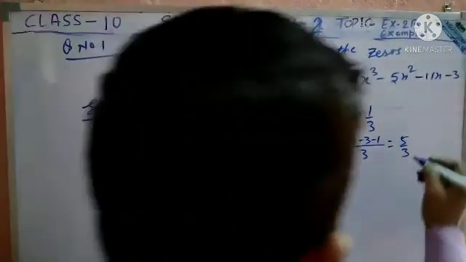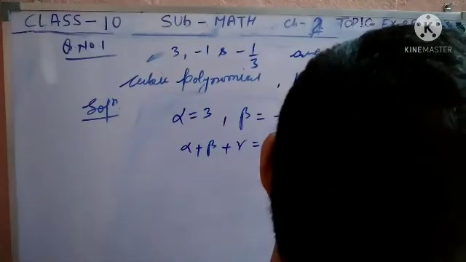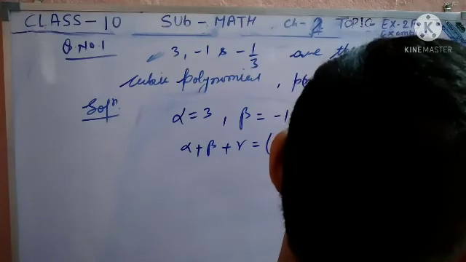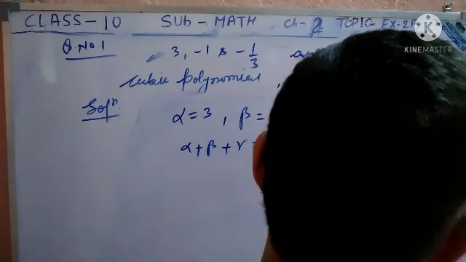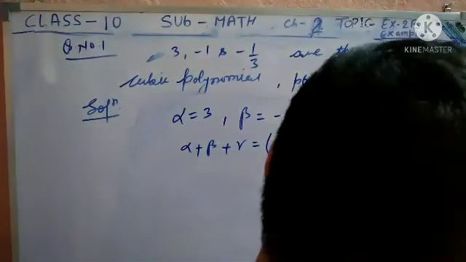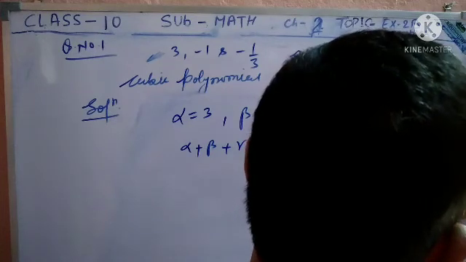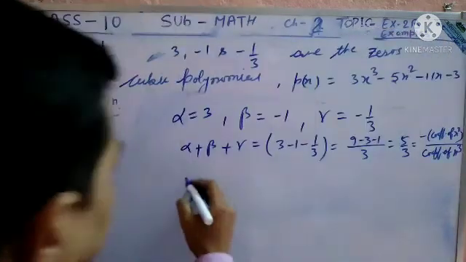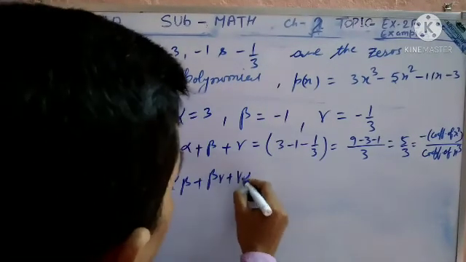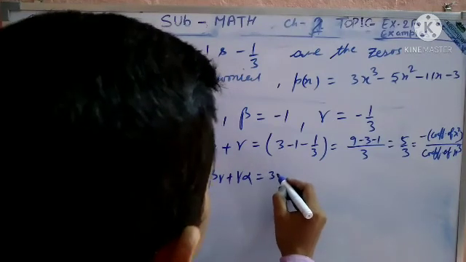So that is minus coefficient of x square by coefficient of x cube.